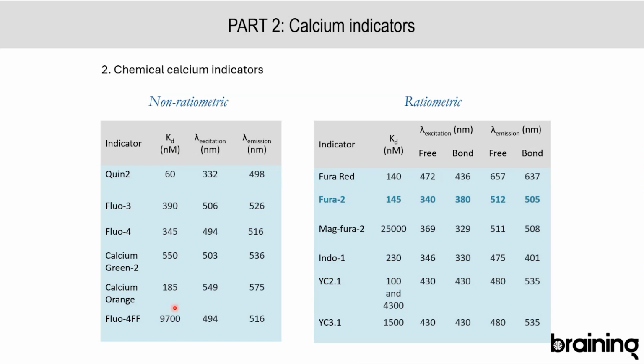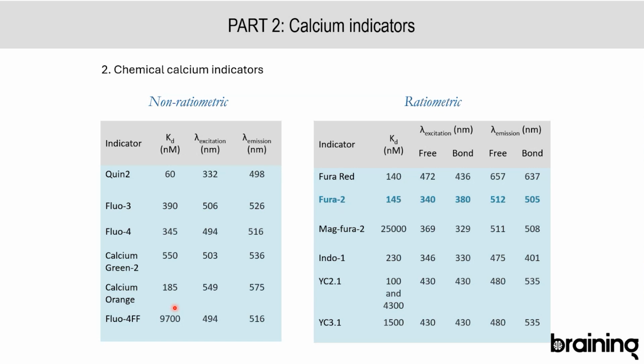And this is very important. Why? Because when we are incubating our cells with a dye, this dye will work as a buffer of calcium. In the cytoplasm, I didn't talk a lot about that, but we have proteins that work like buffers in the cytoplasm for calcium in order to keep the balance and the low concentration of this ion.